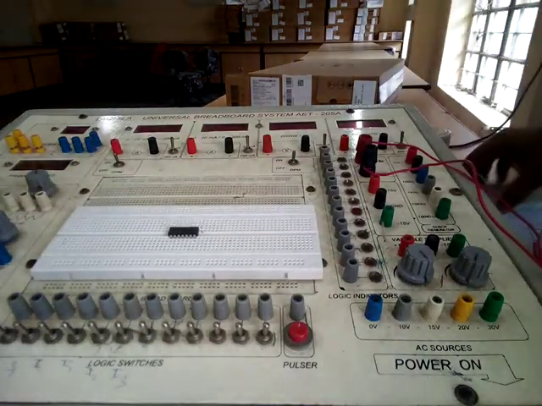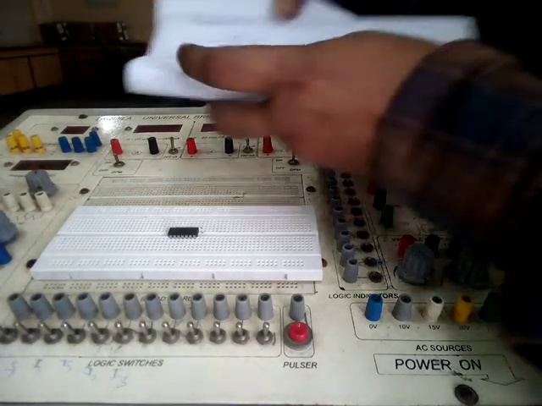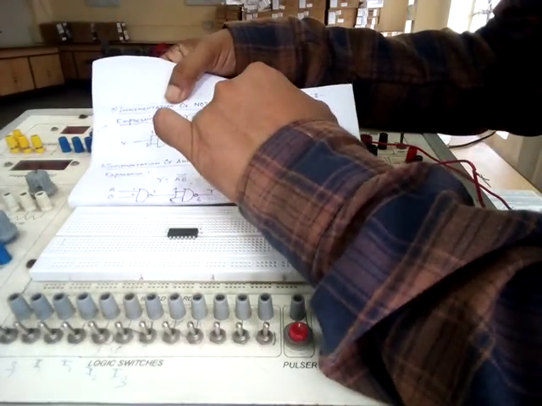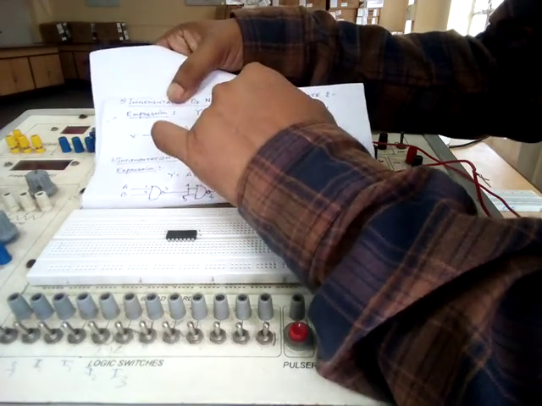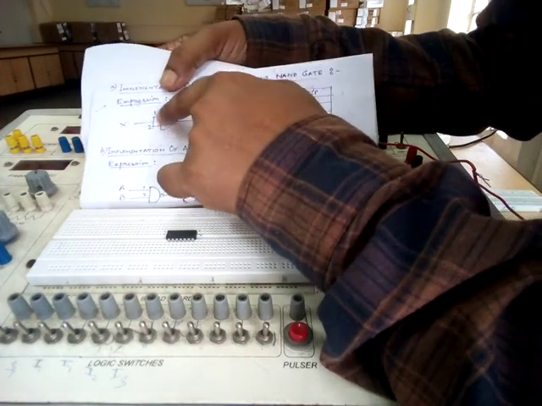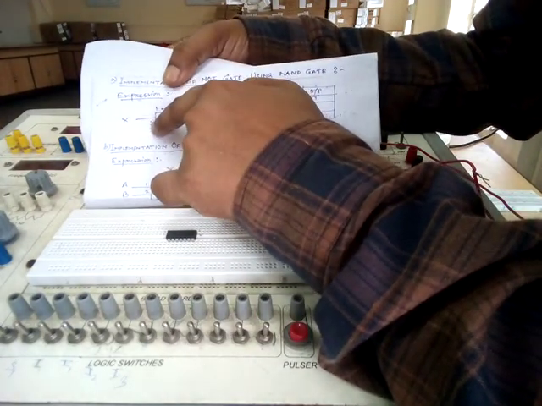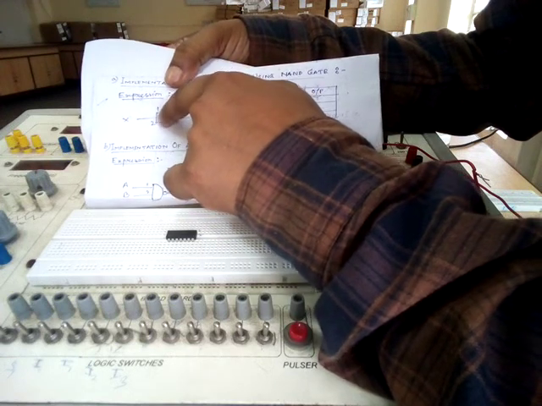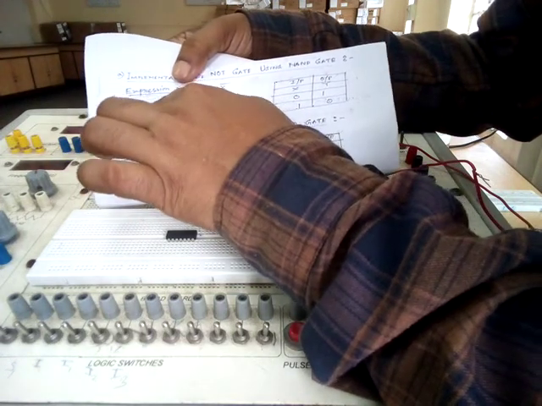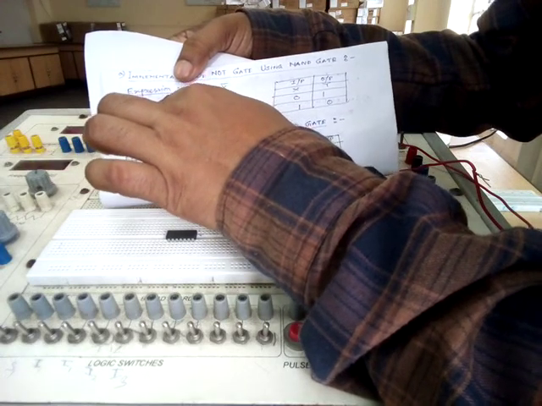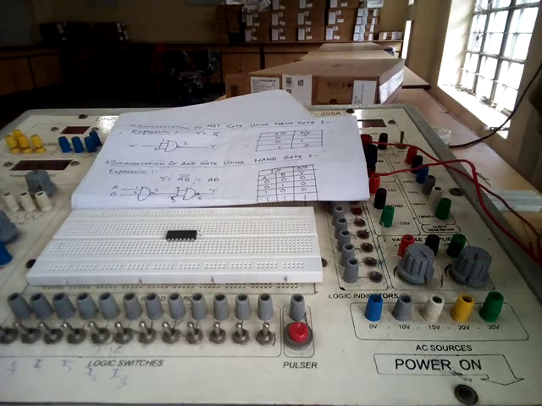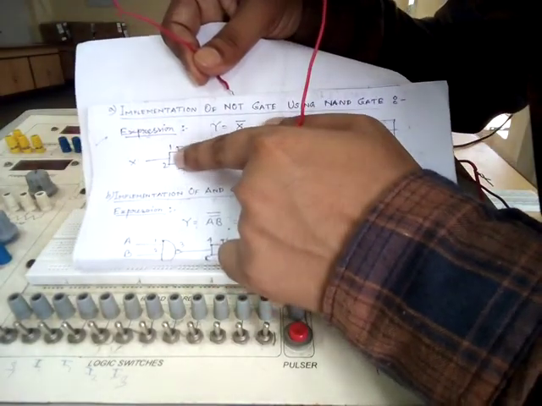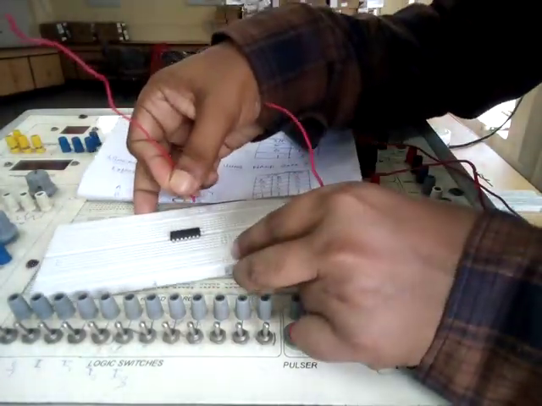Now the first experiment is the implementation of a NOT gate using a NAND gate. The expression is y equal to x bar, and we already marked the pin numbers. Pin number 1 and 2 are shorted, and we take our input from this shorted point. So first of all, we short pin number 1 and 2.